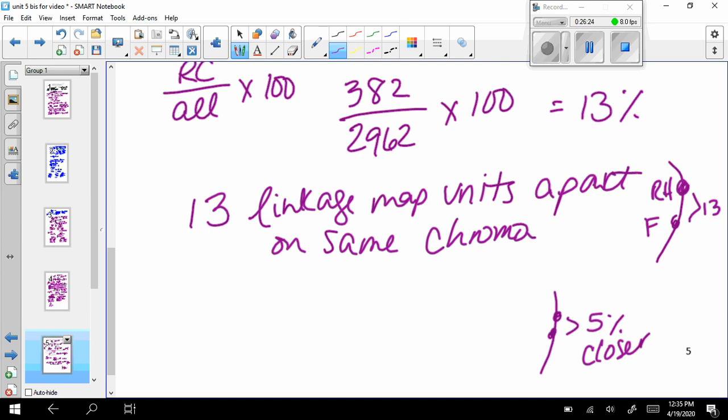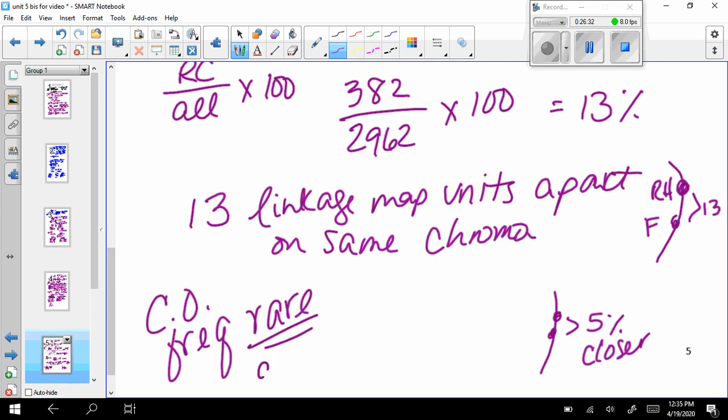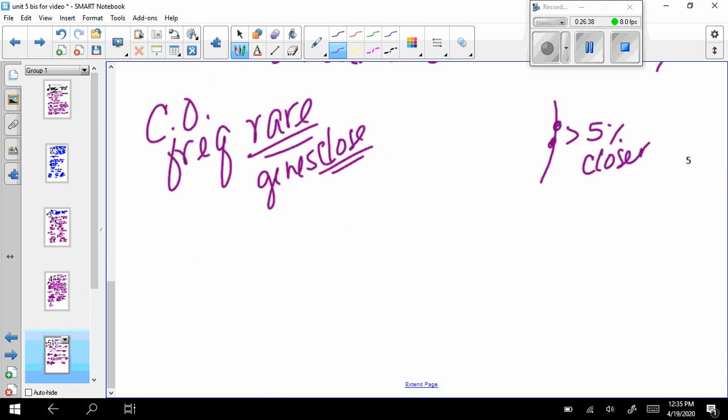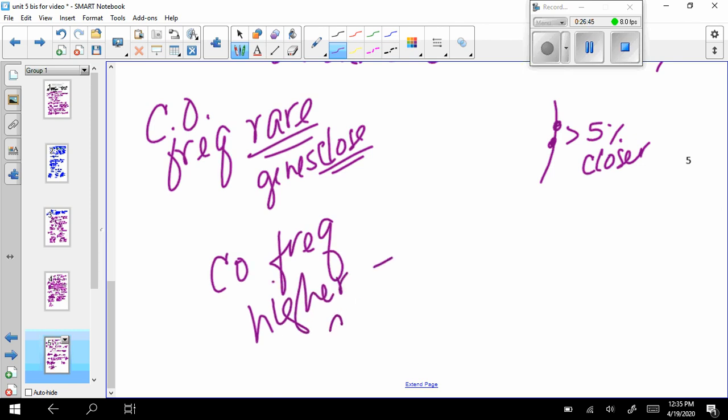So let me just write this down: if the crossover frequency is rare, then the genes are very close. And if the crossing over frequency is much higher, then the genes are further apart.